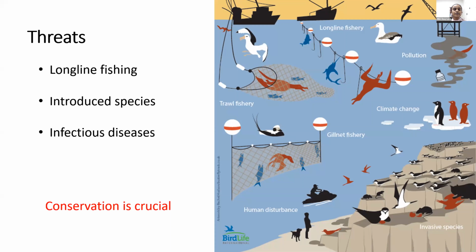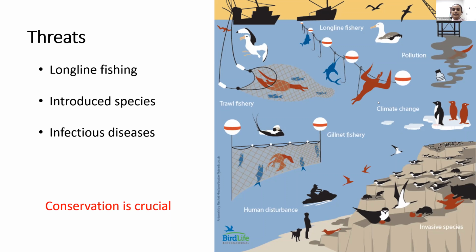And also another threat is introduced species such as house rats, and infectious diseases such as avian cholera. So most of the seabirds get affected by all these threats, and these are a few main threats that they face. And due to all these threats that are very difficult to avoid, we think that the conservation of seabirds is crucial.